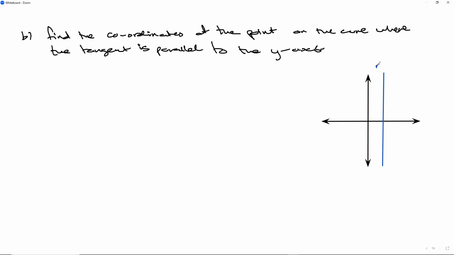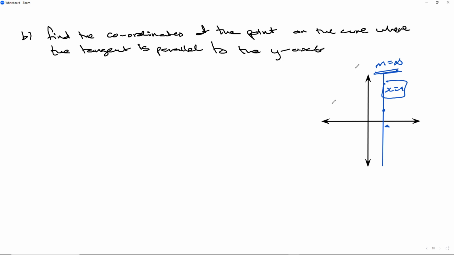Well, we know that the gradient is going to be infinite at that point. All right, the tangent gradient will be infinity, and it will be some kind of line, x equals something, right? Whatever value it is to find that coordinate there.